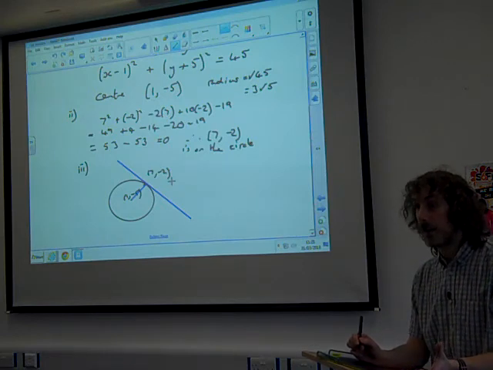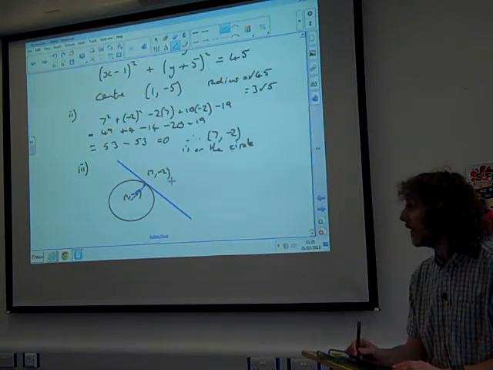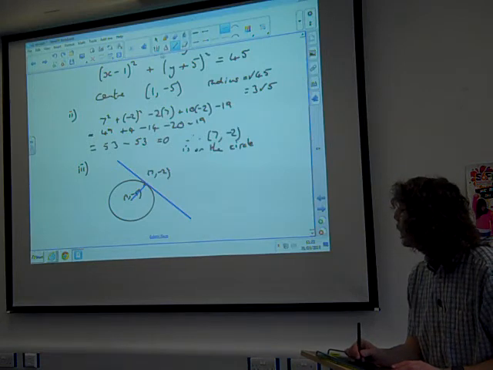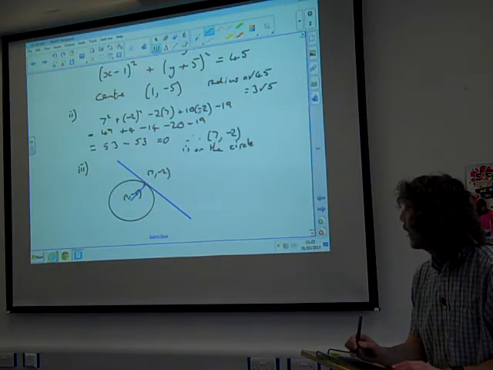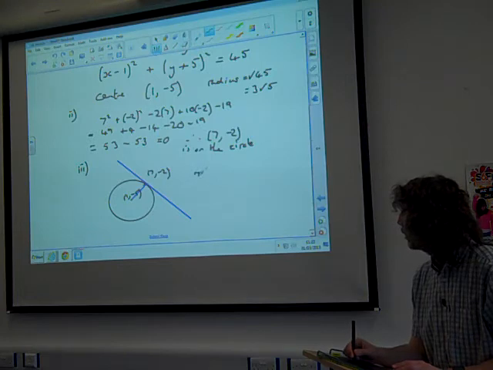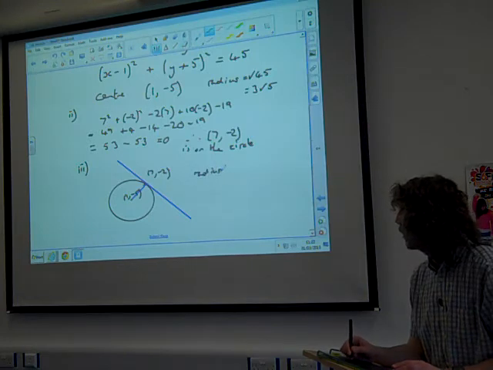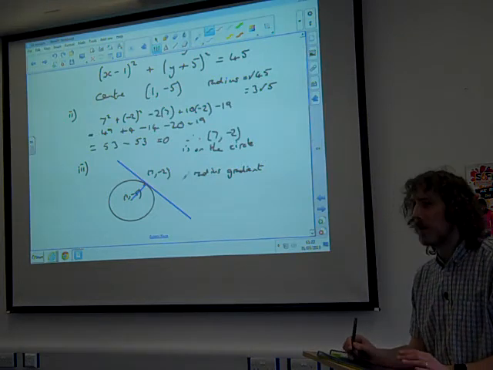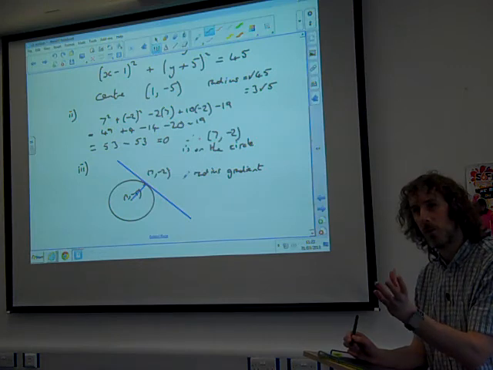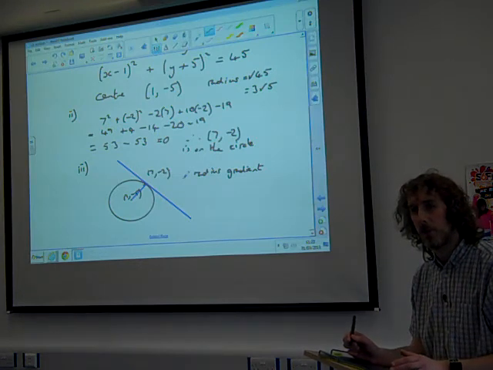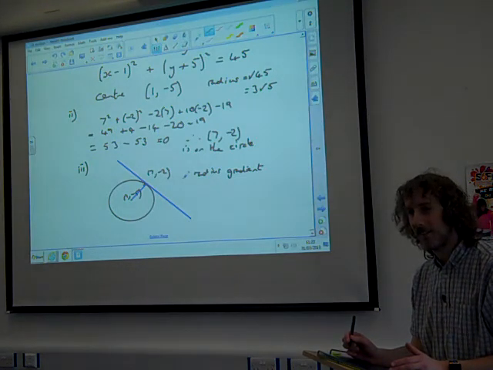We need to know the gradient of the tangent, so I need to know the gradient of the radius first. I always feel that the radius gradient should have its own name. The radiant.